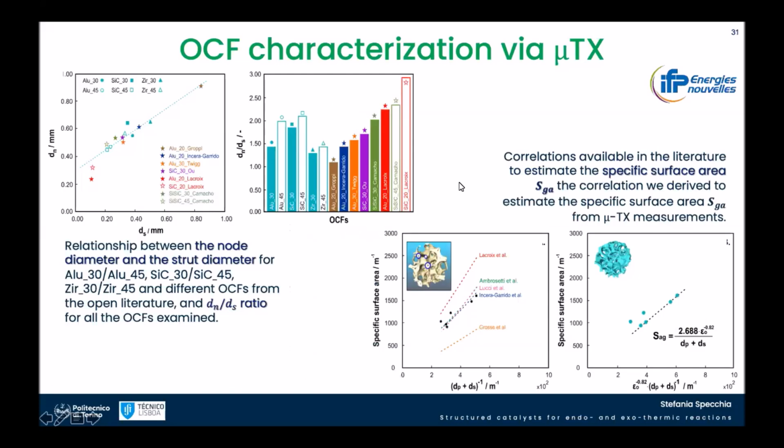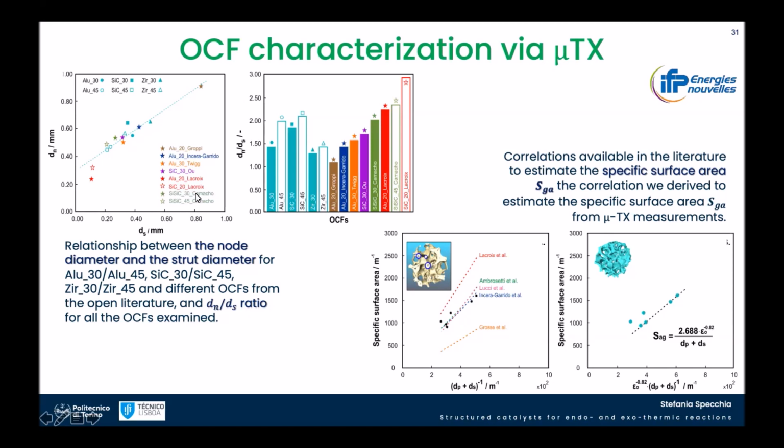From this kind of measurements, we were able first to determine a relationship between the node diameter and the strut diameter, and we compared those relationships with some other theoretical relationships available in the literature. And some of them are quite famous, as for example, the correlation of Inserra-Garrido or Lacroix, or also Camacho, that are quite used in the literature.